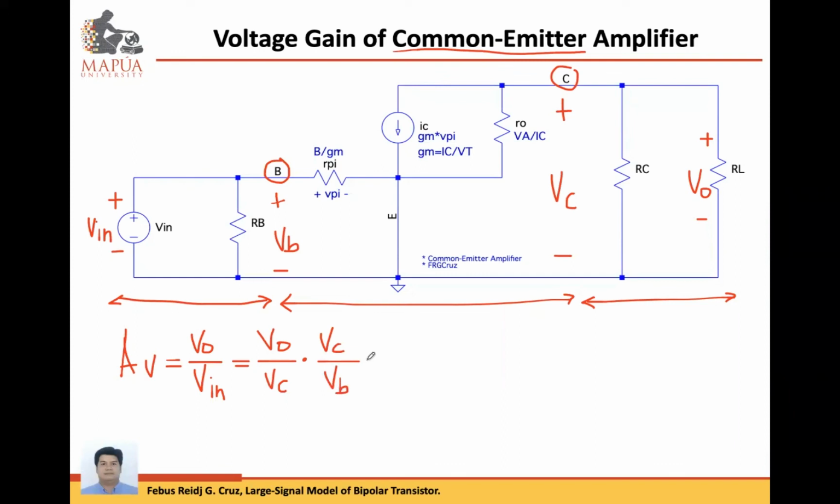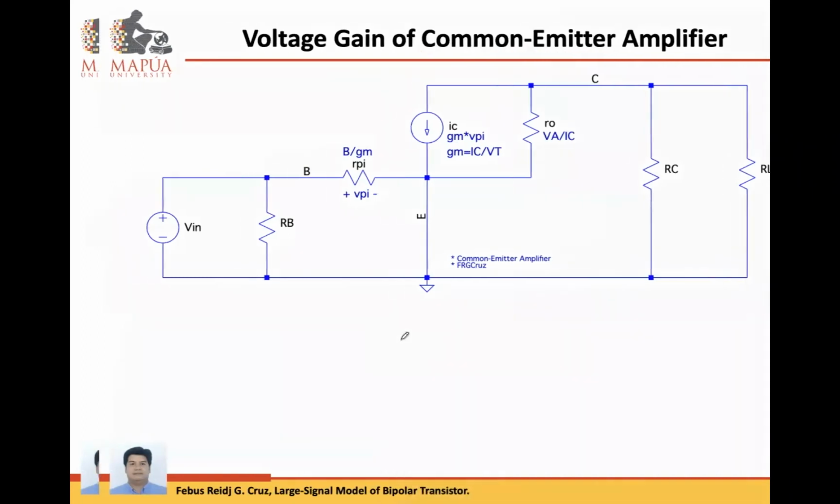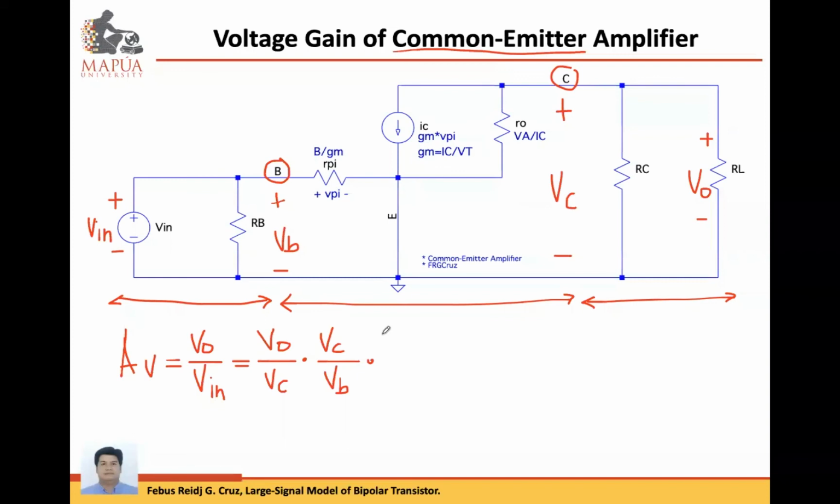Then multiplied by, on the input circuit, output base voltage divided by the input Vin. So you can write multiplied by base voltage divided by the input voltage. All right? Nasundan ba? Please confirm. Yes, yes po, sir.